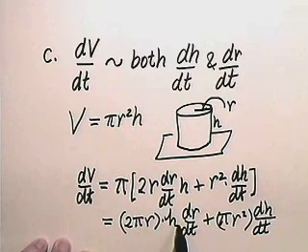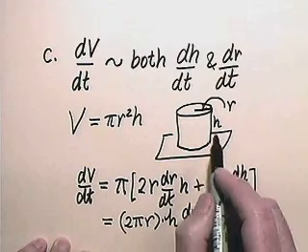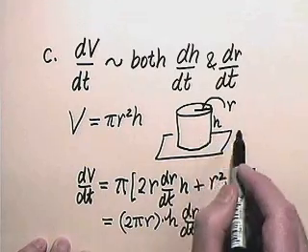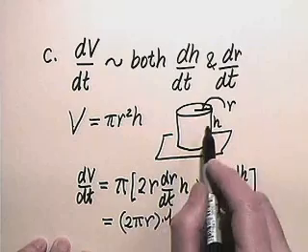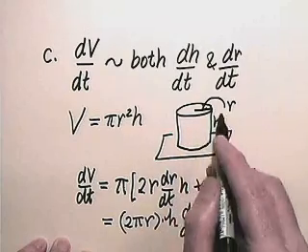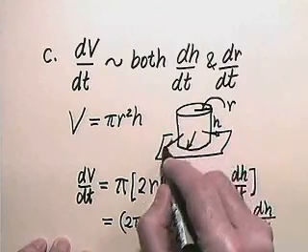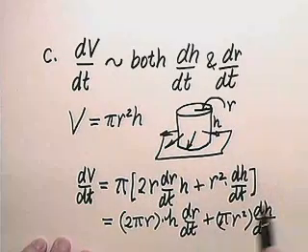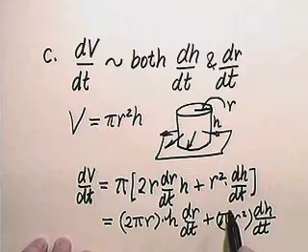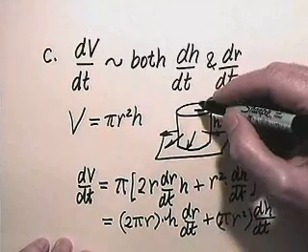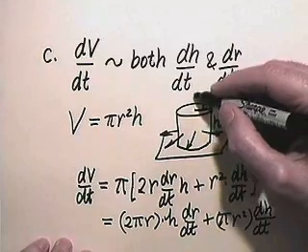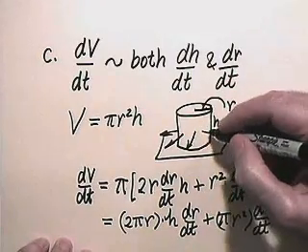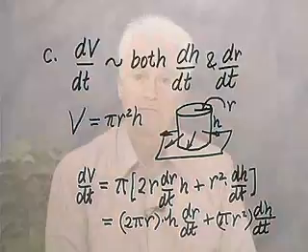That was the answer to part B. That's the rate at which the volume is increasing due to the lateral, the vertical surface here, moving outwards in all directions normal to itself due to increasing r. It's a very interesting way to look at it. The rate at which the volume of the cylinder increases is simply the sum of the rates of increases due to the top moving up and the vertical sides moving out.